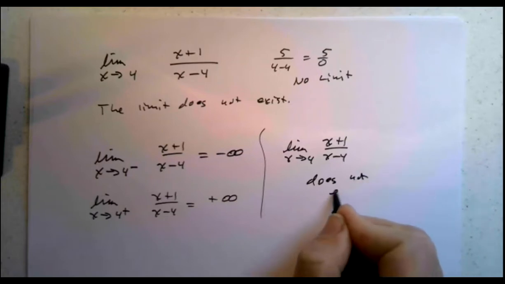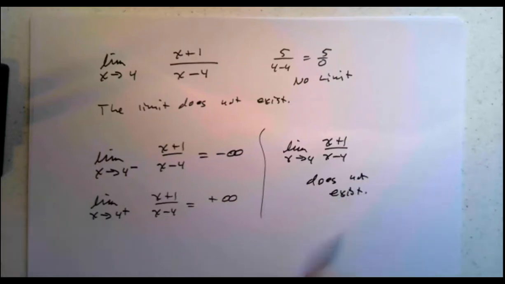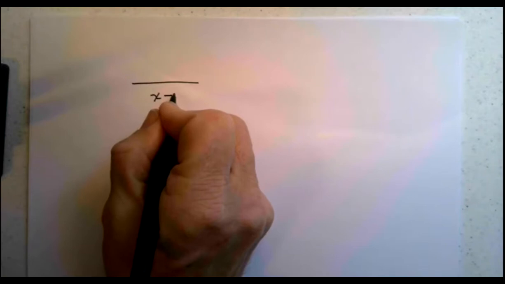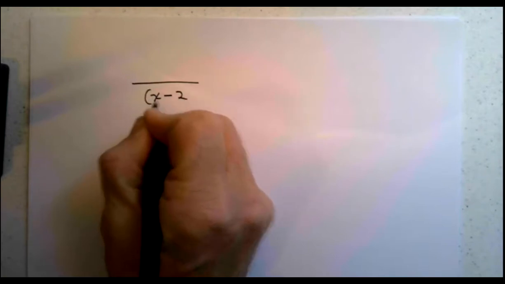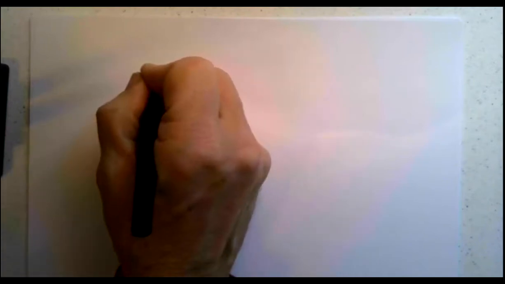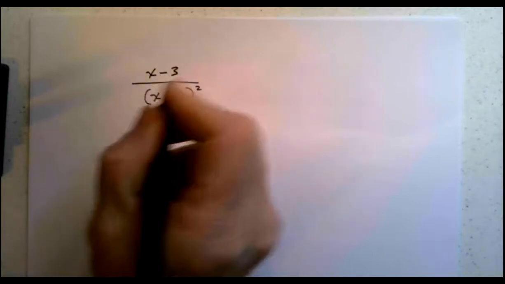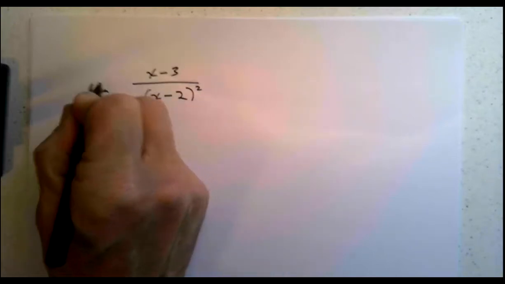Where this gets tricky for some students is when I have a situation like the following. If I want to take a look at something like x minus 3 upstairs and x minus 2 squared downstairs, and I want the limit as x approaches 2.